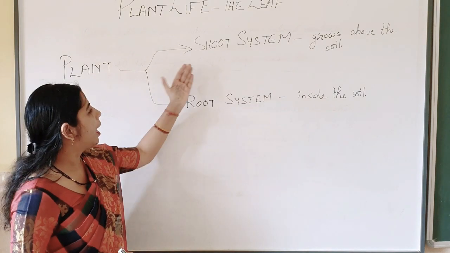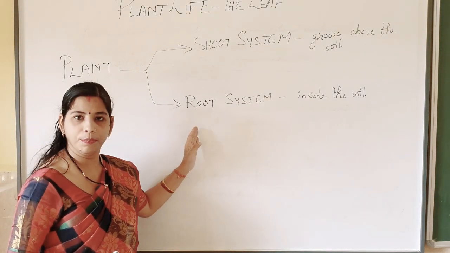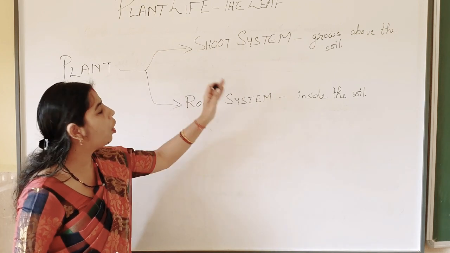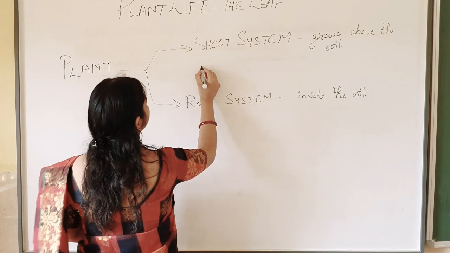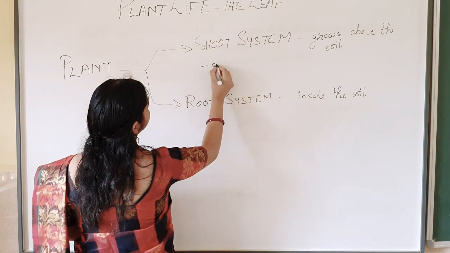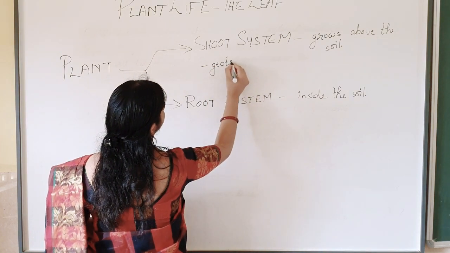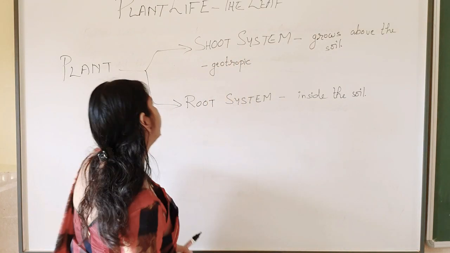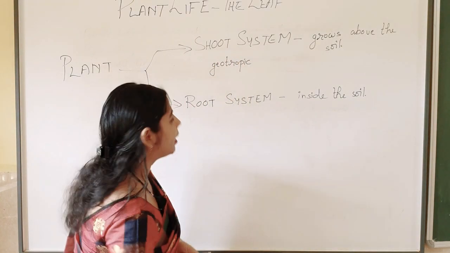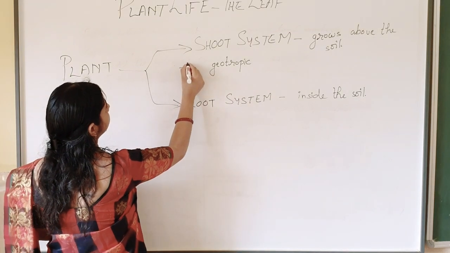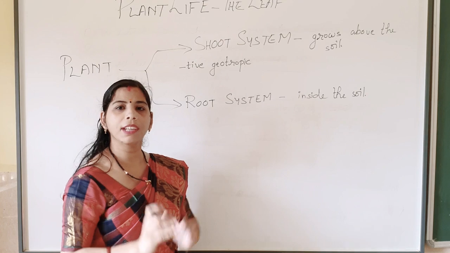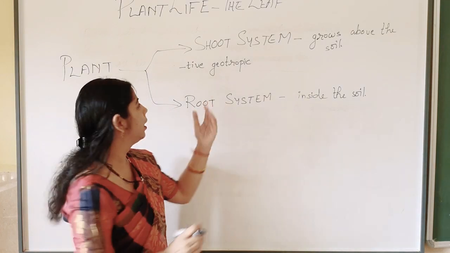Now another thing, root system or shoot system. The shoot system is always negative geotropic. Why is it negative geotropic? That means it grows away from the soil.